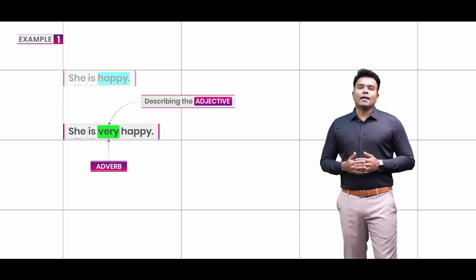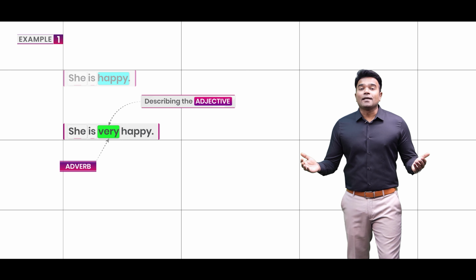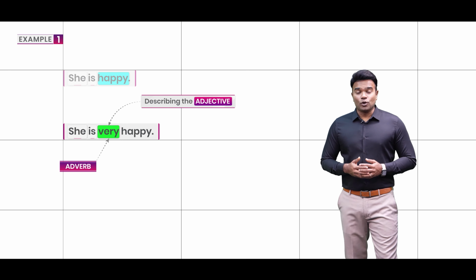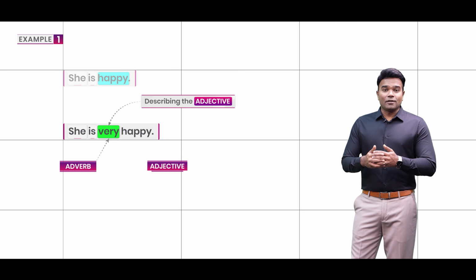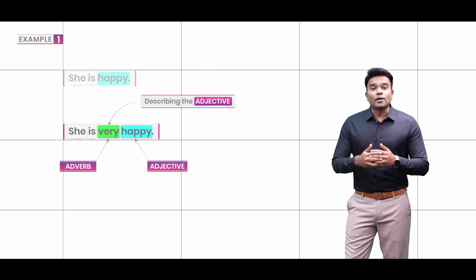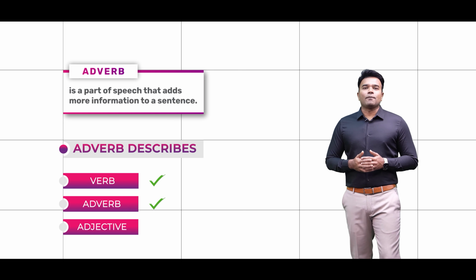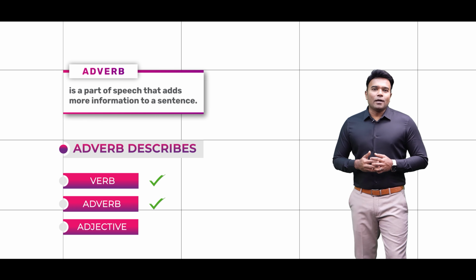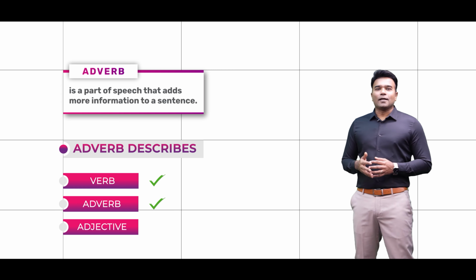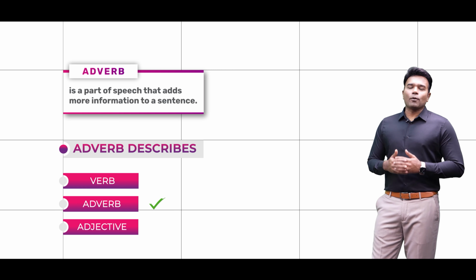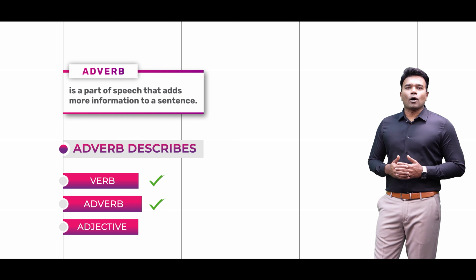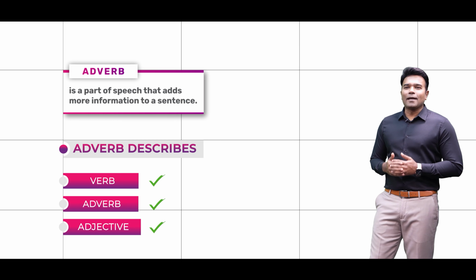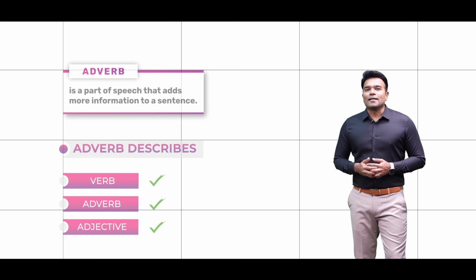In other words, very is an adverb giving us more information about the adjective happy. If we go back to the definition, now you can understand that adverbs are such parts of speech in English that give us additional information about the verb, an adverb, or even an adjective.